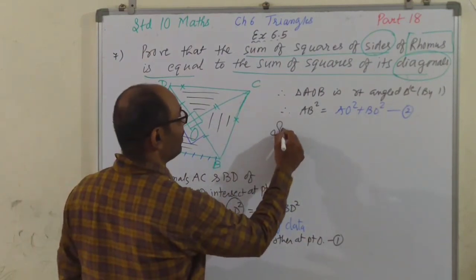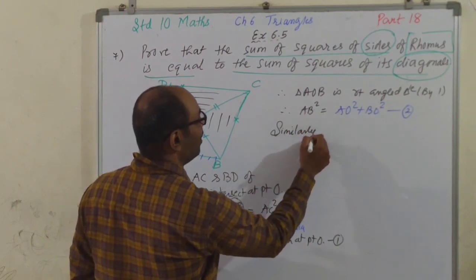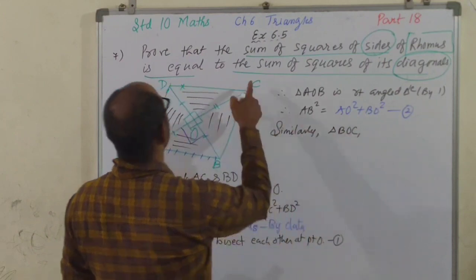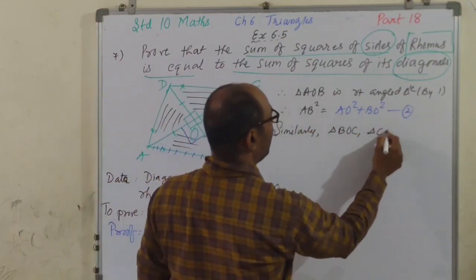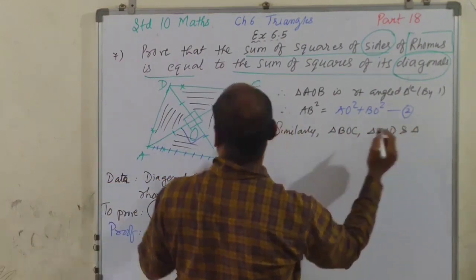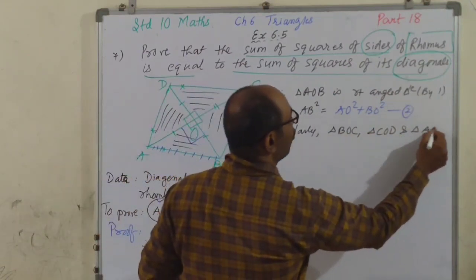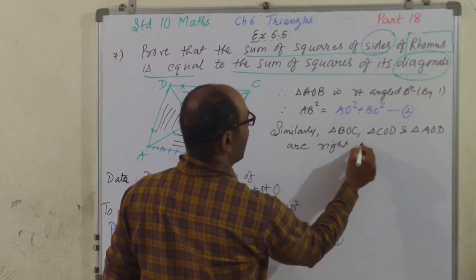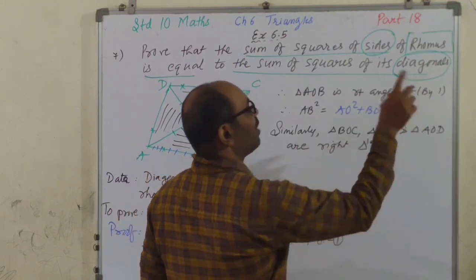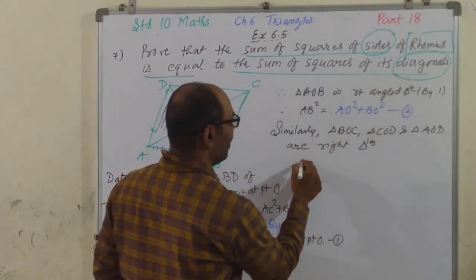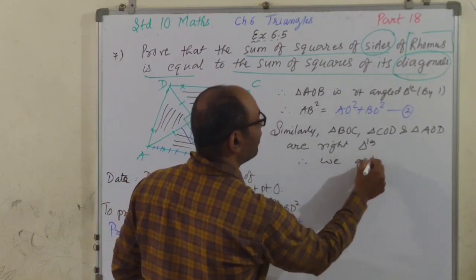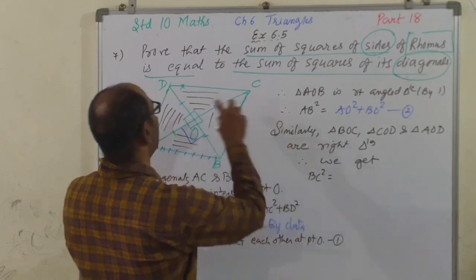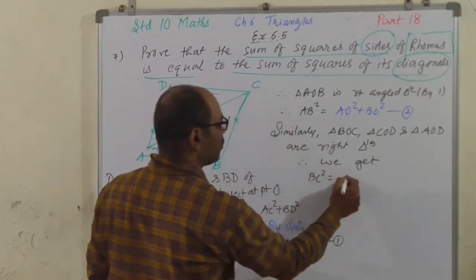Similarly, triangle BOC, triangle COD, and triangle DOA or AOD are right triangles. No need to write by 1. Therefore, we get BC square is equal to CO square plus BO square.